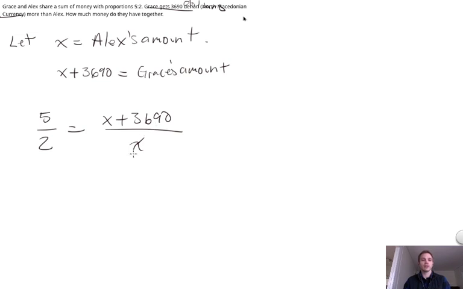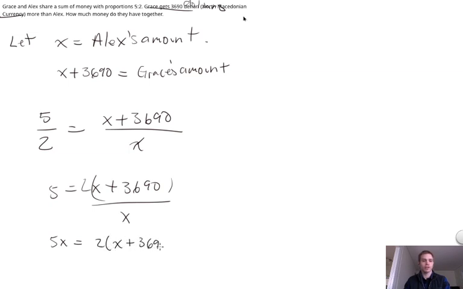Now we need to solve for X, so let's cross multiply. I'll multiply both sides by 2, and I'll get 5 equals X plus 3,690 times 2 over X. And then I'll multiply both sides by X, and I'll get 5X equals 2 times X plus 3,690.